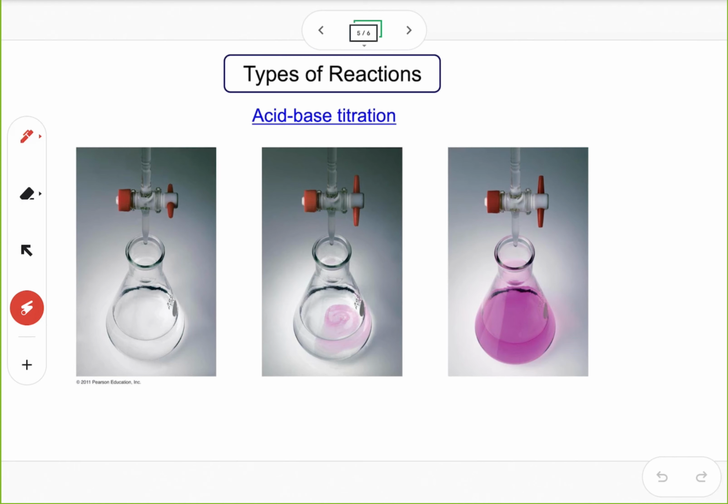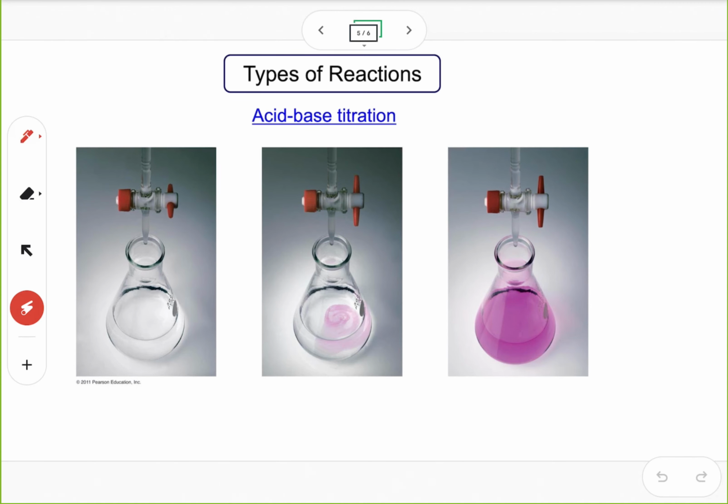A very common practice in a chemical lab that takes advantage of this neutralization reaction is titration. Titration is most likely between an acid and a base. It's a neutralization reaction, it's low cost, very efficient, and accurate enough for some general purposes.